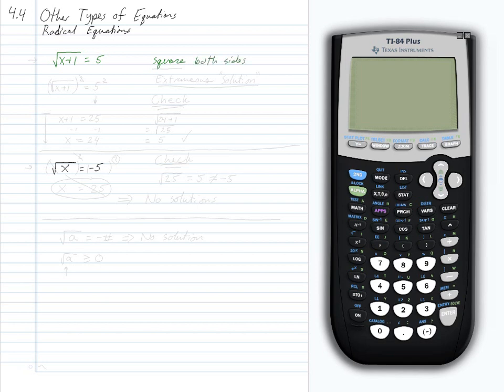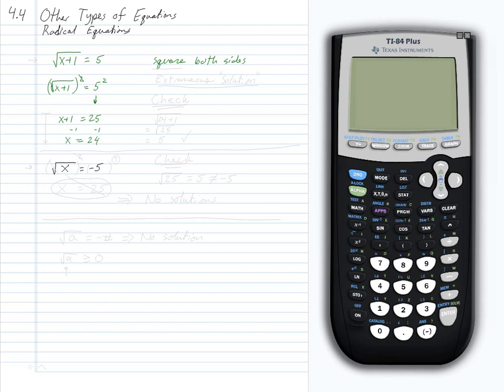Well, if I square the left-hand side, x plus 1 under the radical being squared, my square and the radical cancel, and squaring 5 will give me 25. So it turns out that x plus 1 is equal to 25. If we solve for x by subtracting 1 from each side, we get x equals 24.